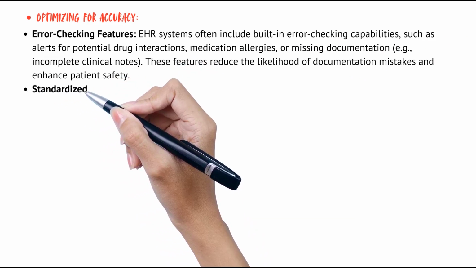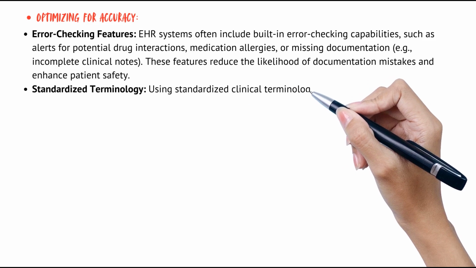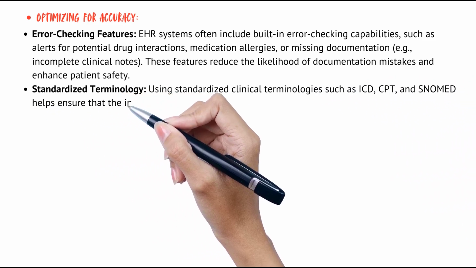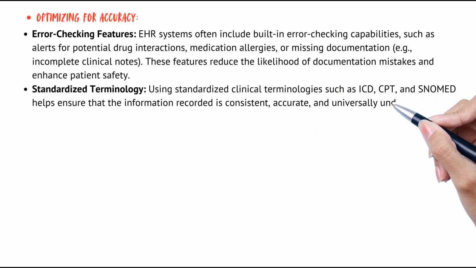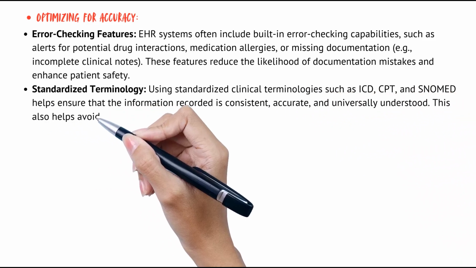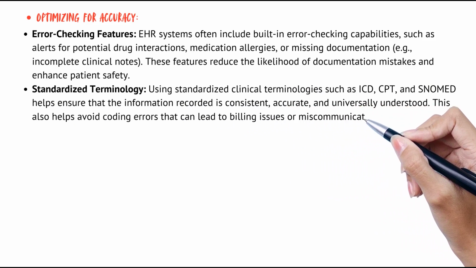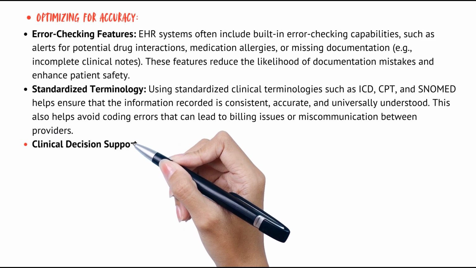Standardized terminology. Using standardized clinical terminology such as ICD, CPT, and SNOMED helps ensure that the information recorded is consistent, accurate, and universally understood. This also helps avoid coding errors that can lead to billing issues or miscommunication between providers.